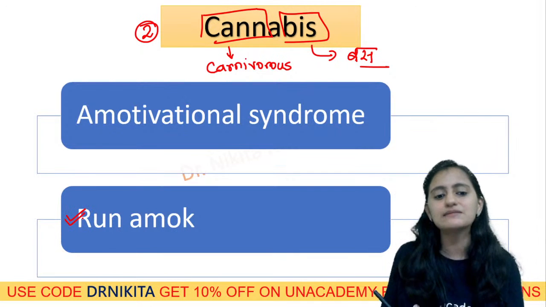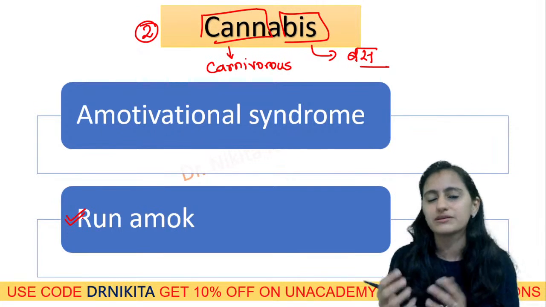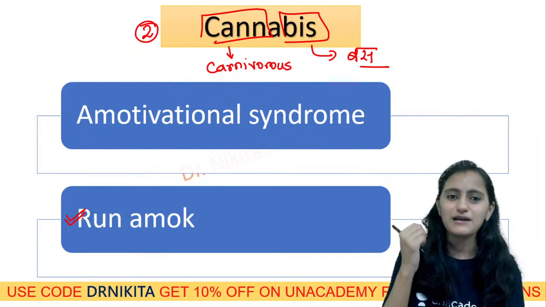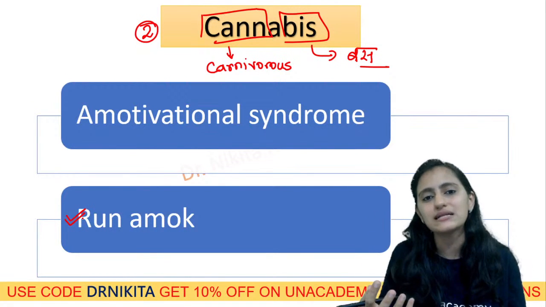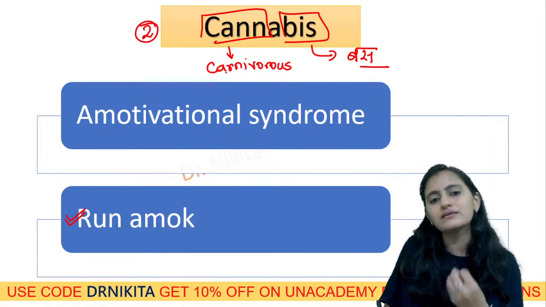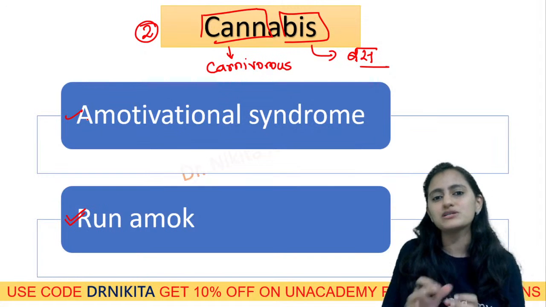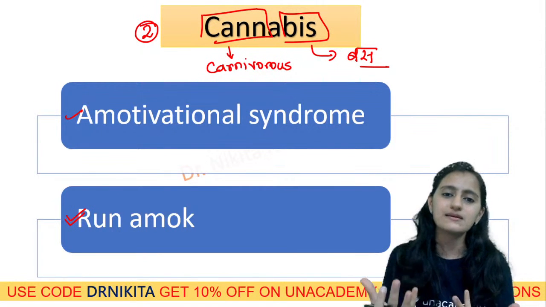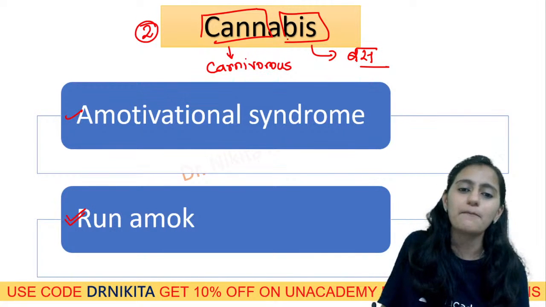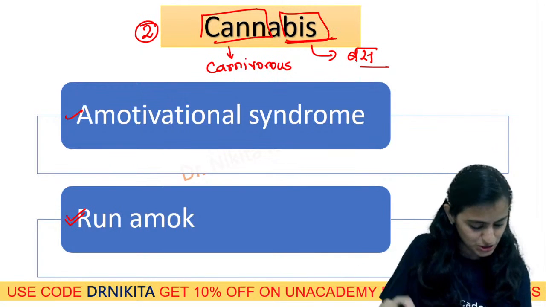So carnivorous helps you to remember run amok. Run amok means running wild. The patient goes like mad and runs behind people, and there is instinct to kill someone. So that is run amok. Carnivorous, killing someone, run amok. Amotivational, there is no motivation to do anything else. The patient says, bas ho gaya, mujhe aur kuch nahi karna hai. So cannabis, bas means amotivational syndrome.